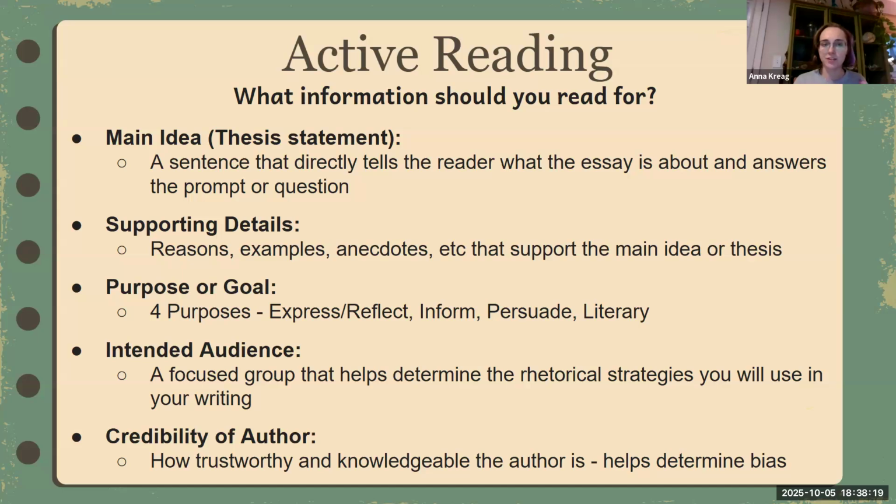You want to look for things that support your thesis statement. You want to determine the goal or purpose of the text. You want to figure out who your intended audience is, who this text is targeting. And you also want to be thinking about the credibility of the author. How trustworthy are they, and how do you know? What sort of knowledge base does the author have on the topic?